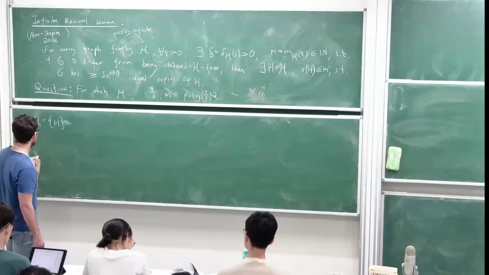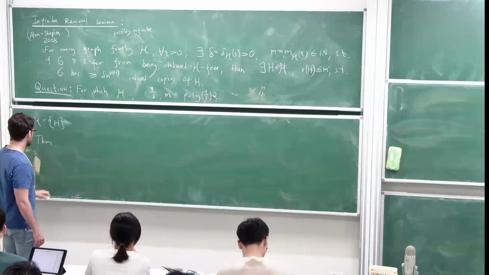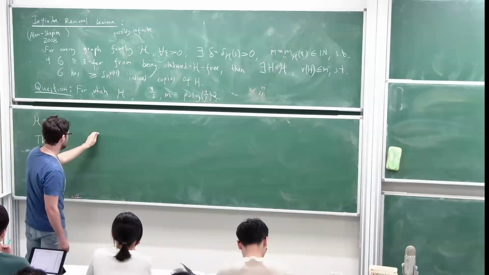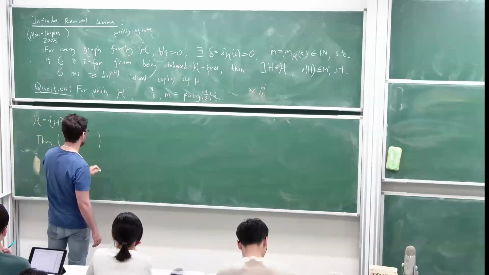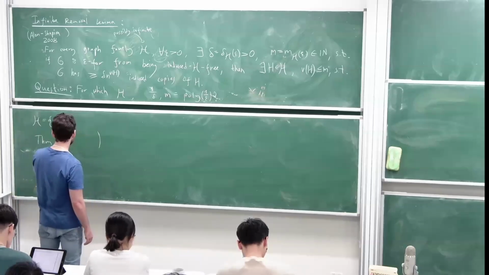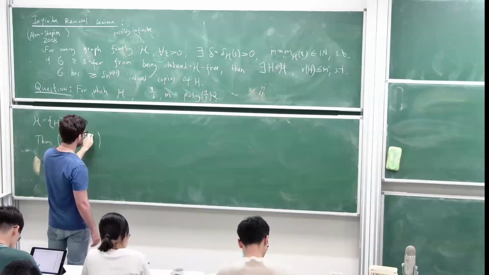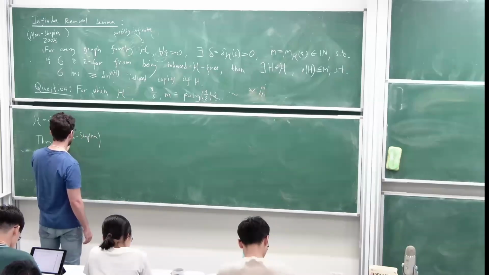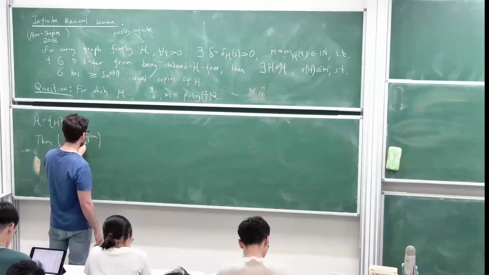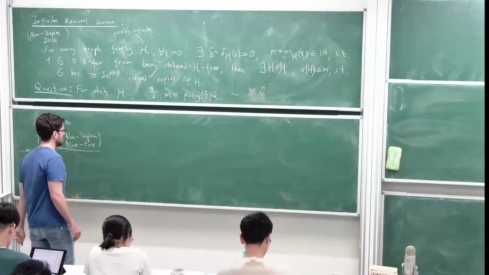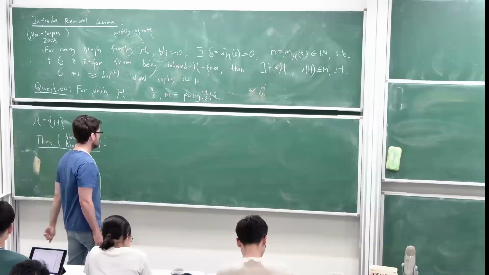So what is known here? Some things are known. This is work by Alon and Shapira, and then there was a follow-up work of Alon and Fox. So two things.